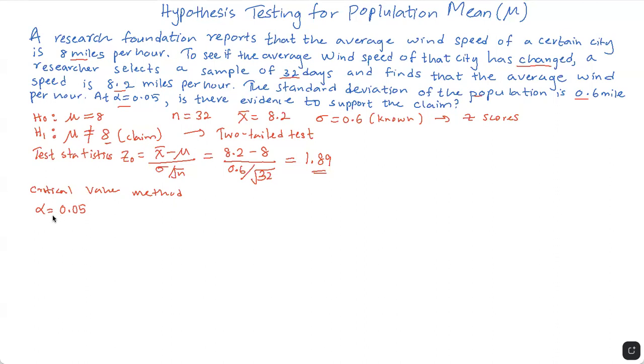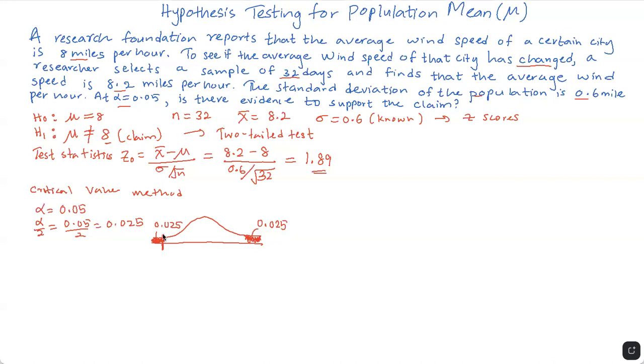Since it is a two-tailed test, we need to divide this alpha by 2. So alpha over 2 is 0.025. So in this case, we have two tails now. The left tail is 0.025 and the right tail we have also 0.025 area.